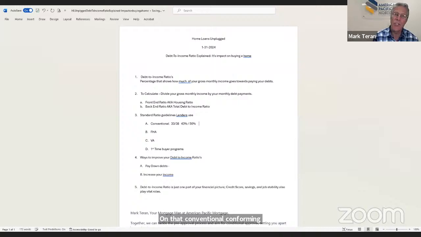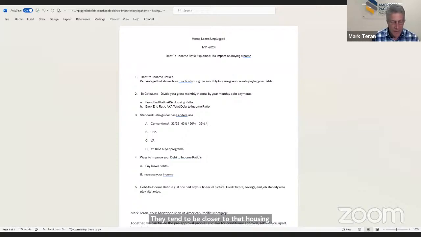Now, if you're doing a jumbo loan, which is a loan that's above 766,550 in my area, so loan amounts above that are considered jumbo, and those jumbo underwriting guidelines are much more strict. They tend to be closer to that housing ratio of 33%.